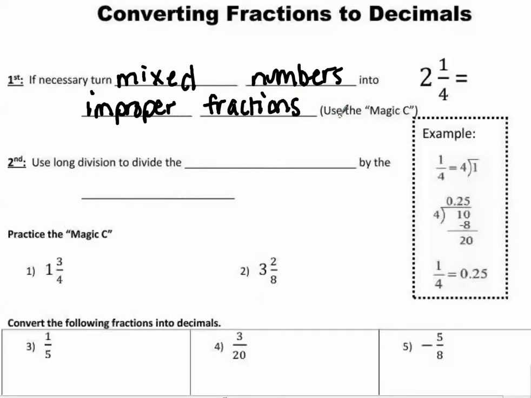Use the magic C. For example, 4 times 2 plus 1. That's the magic C. 4 times 2 is 8, plus 1 is 9. Keep the denominator. Step 2, use long division to divide the numerator by the denominator.